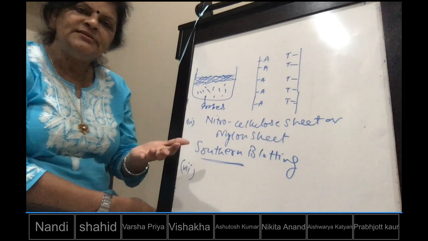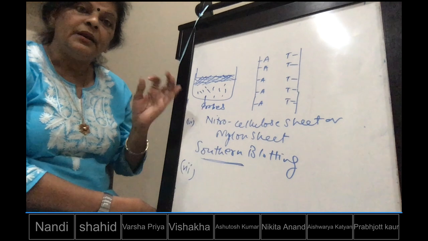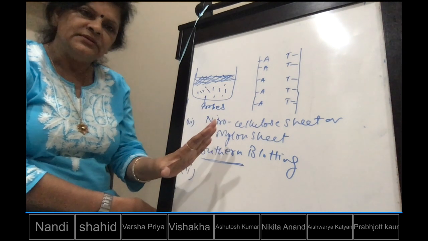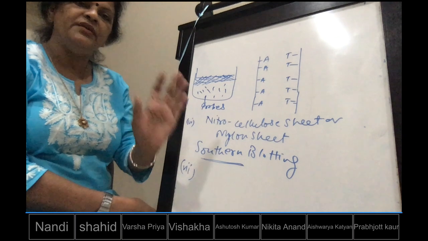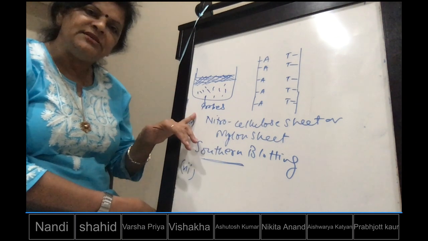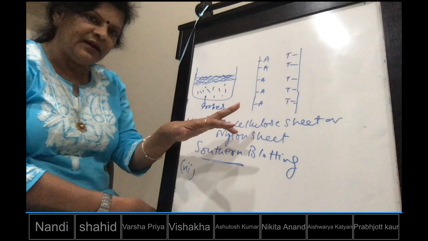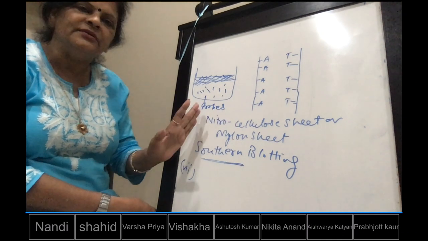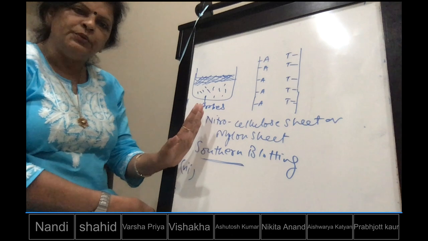In other words, I can say radioactive VNTR. Simple. Short repeated nucleotide sequences that we have understood for VNTR, but here one more word we have to use, radioactive. So what does this probe do?